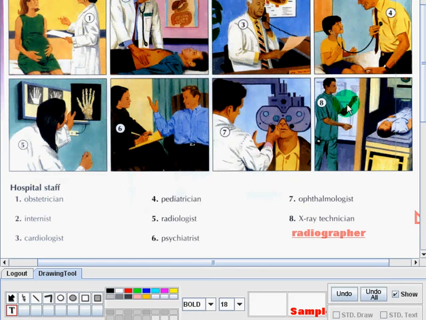They work in hospitals, clinics, and medical laboratories. So, X-ray technicians are a big help in this kind of industry or job, right?